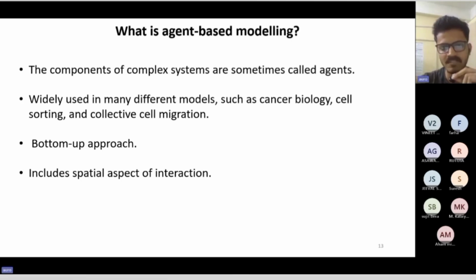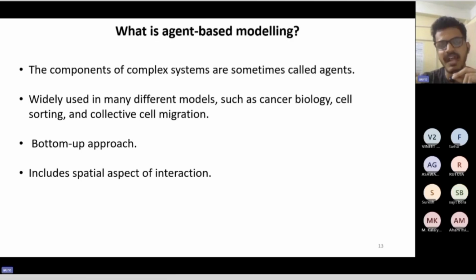So what happens in agent-based modeling? This is basically a bottom-up approach. We make some rules. Those rules can be derived from some first principles of physics, or they can be simple rules, like in predator-prey, where we assumed the number of predators depends upon prey in a particular simplistic way and wrote the equation.